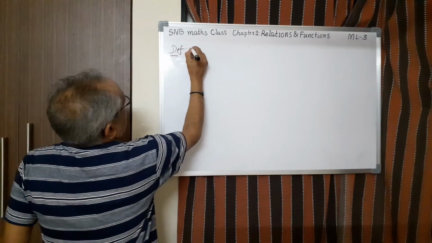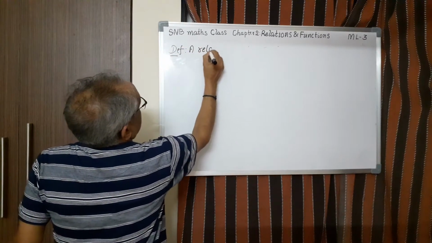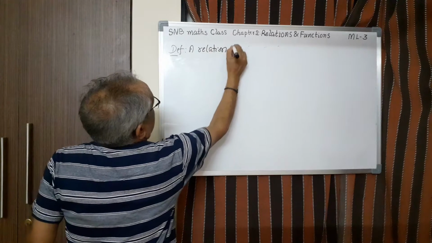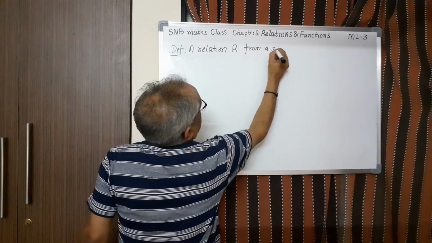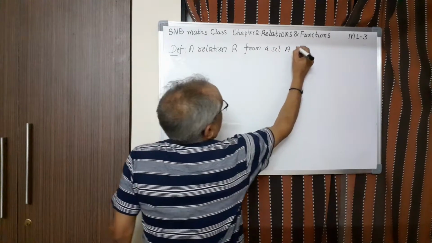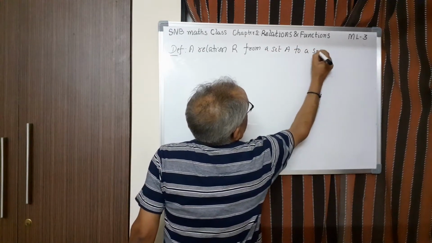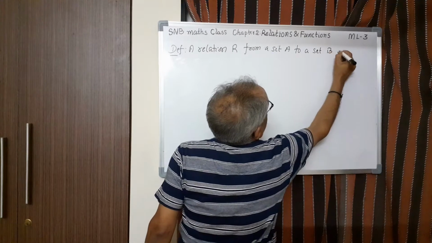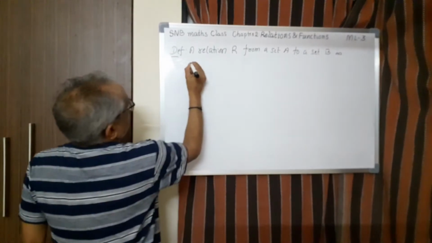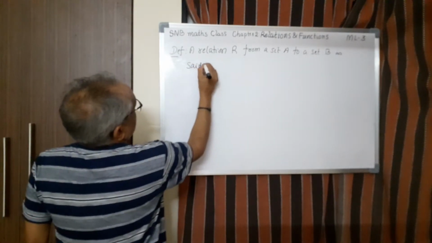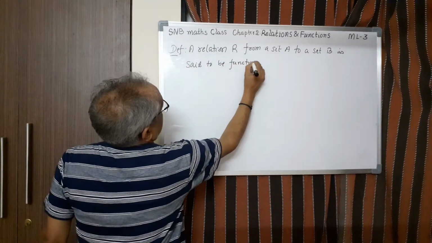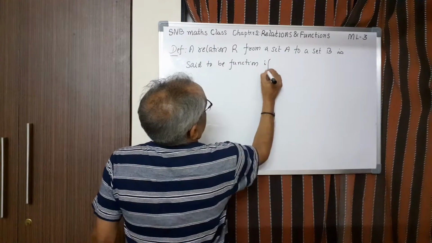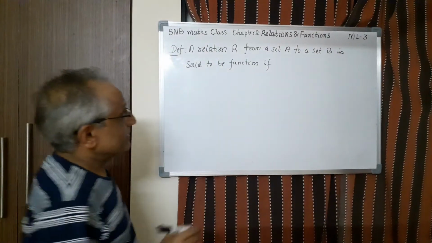Definition. A relation R from a set A to a set B is said to be a function if two conditions are satisfied.